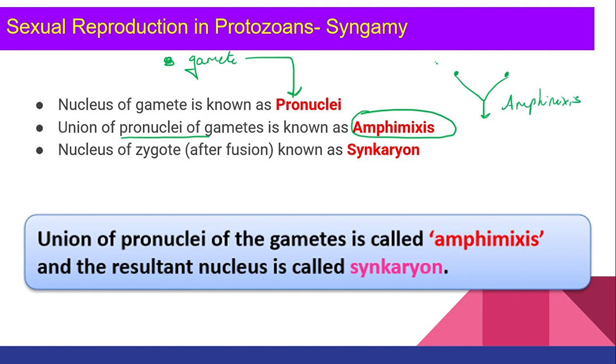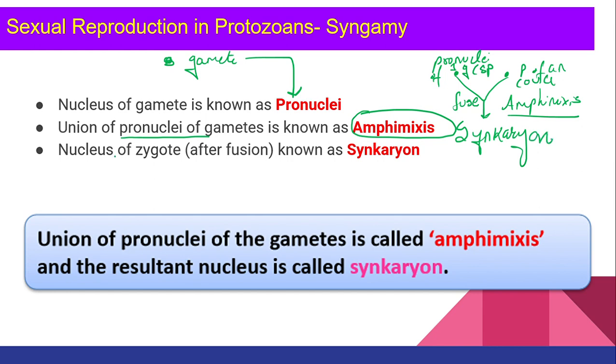Okay, amphimixis. Here you can write pronuclei of one gamete, that is your sperm, then pronuclei of another gamete, that is your ova. They are going to fuse together, and this process of fusion we call amphimixis, and after fusion what forms, that we call synkaryon.